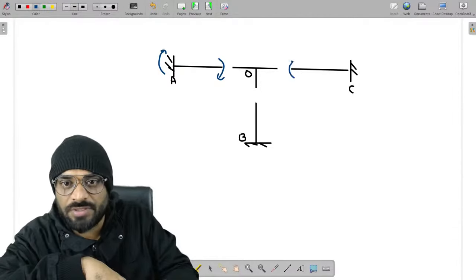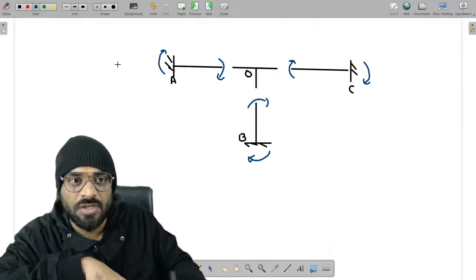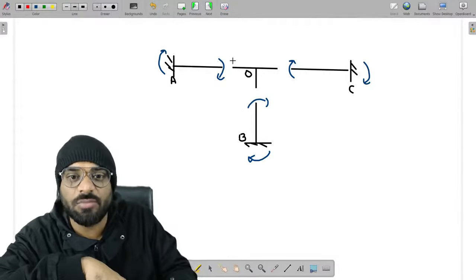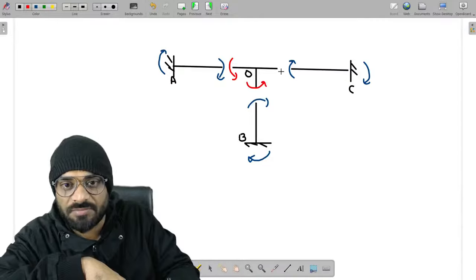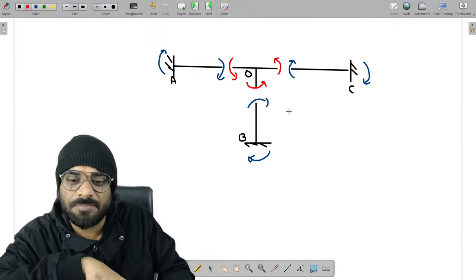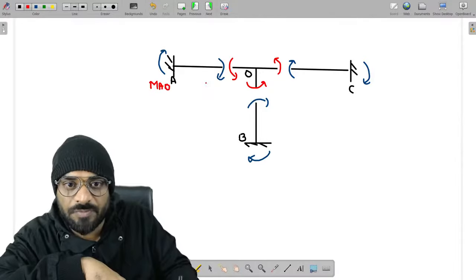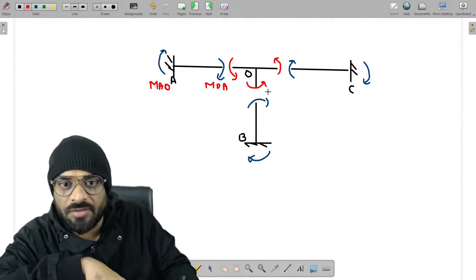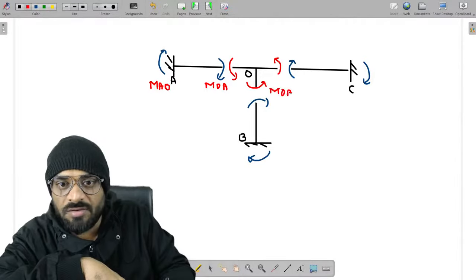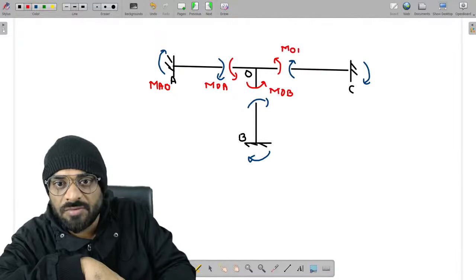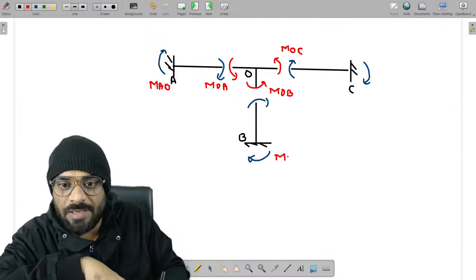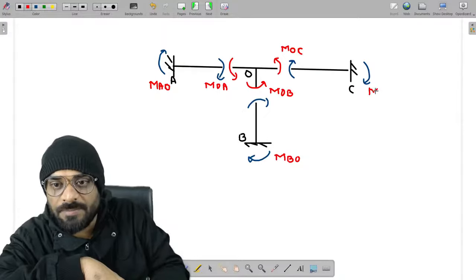So the respective joint will get the moment in an anti-clockwise direction. Simple, right? So this value is MAO. This one is MOA, MOB, MOC. This one is MBO. This one is MCO.